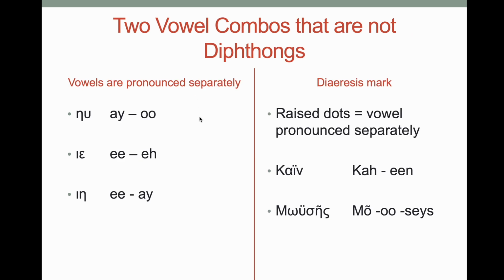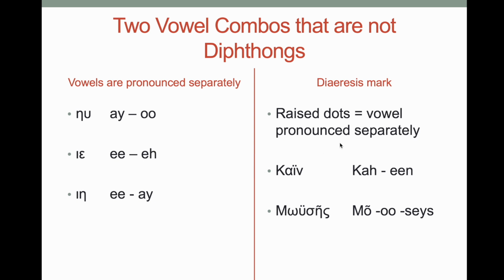There are situations where two vowels come together that are not a singular sound. They're not diphthongs, so the letters are pronounced separately. So for instance, eta upsilon is e-u, iota epsilon is i-e, and iota eta is i-e-a.